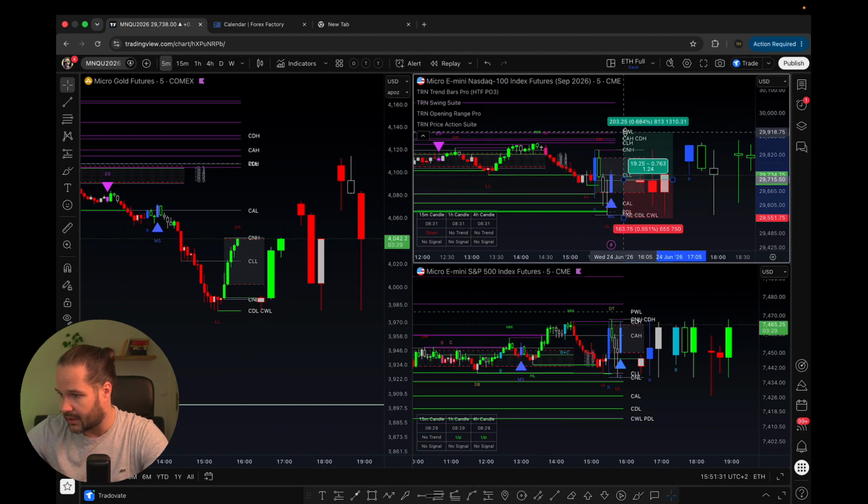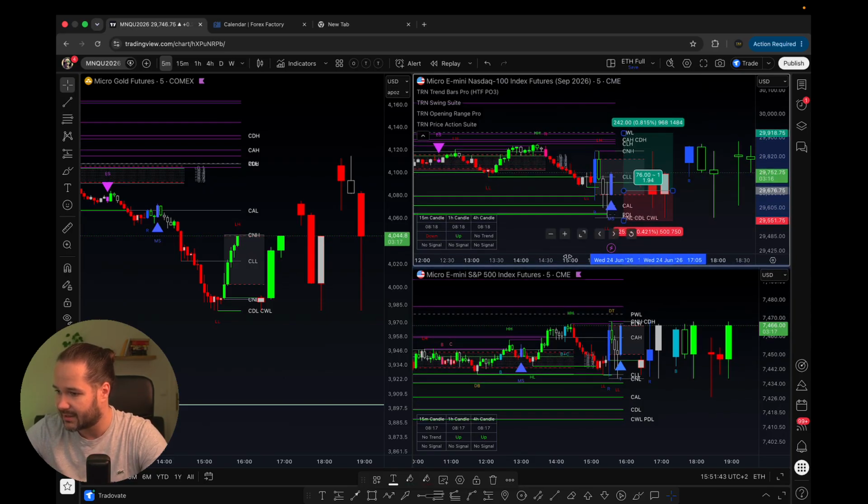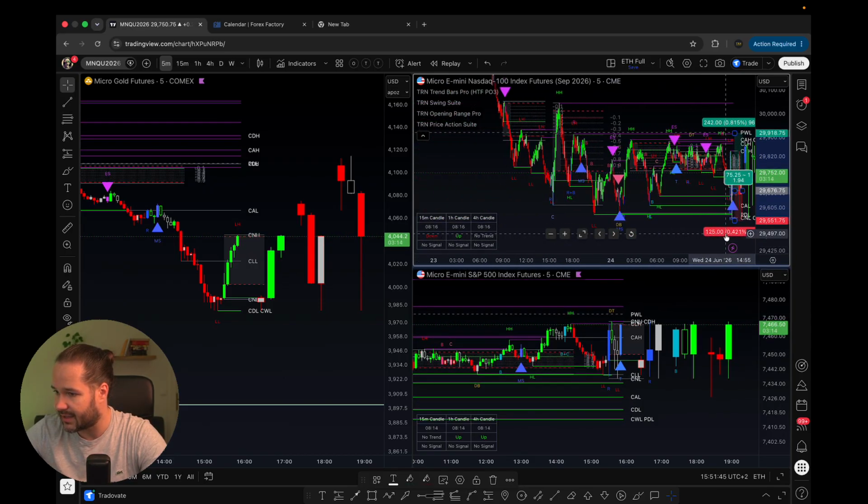So I probably need a lower entry around here. That's not good. It's not so good, honestly. But we have a higher level here, and honestly, it's also very significant.